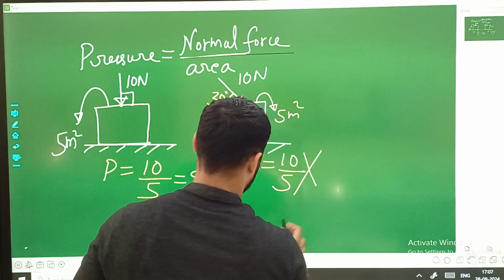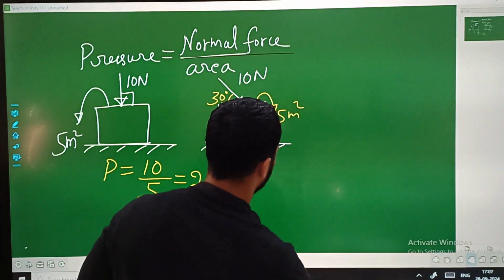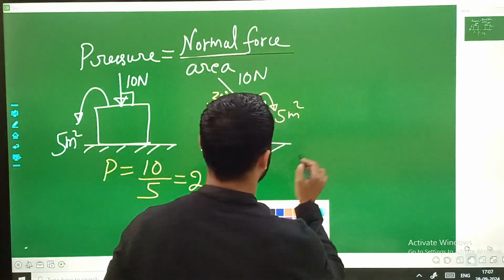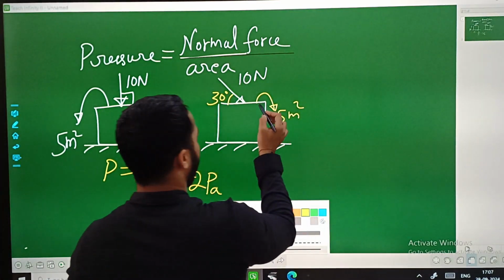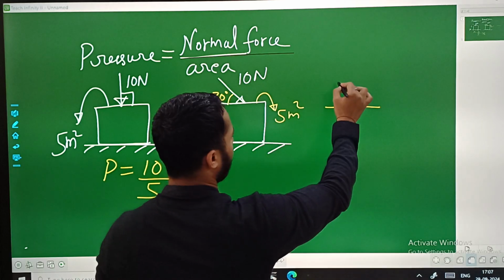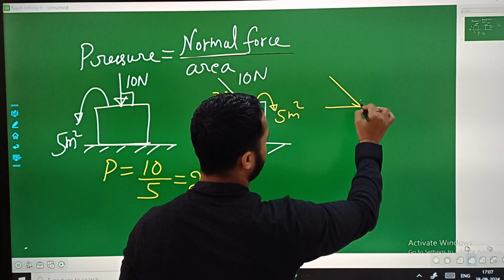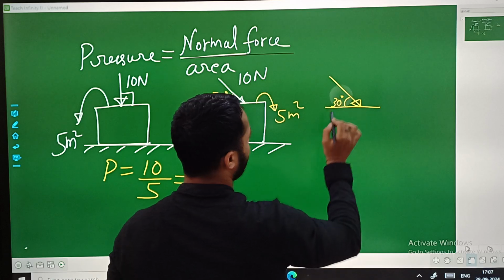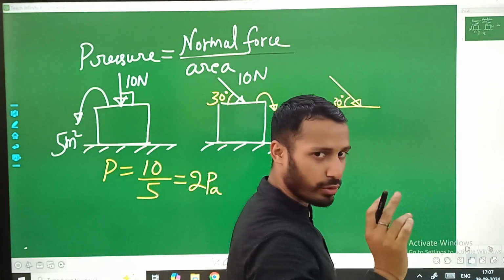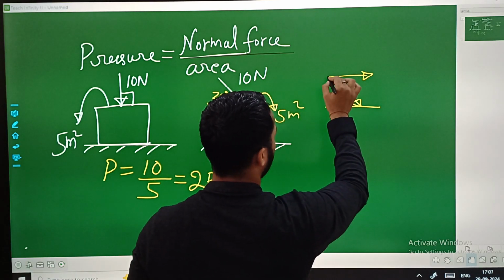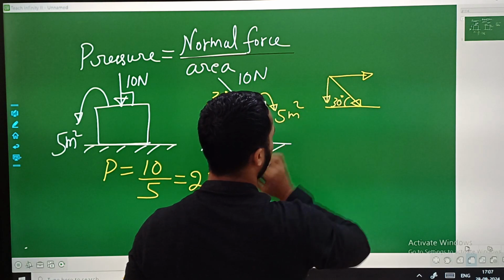So what will be the correct approach? Let us see. I am making this surface only, and the force is acting like this at some angle, let's say 30 degree. So we will resolve this force into two components. One will be along the horizontal, one will be along the vertical.